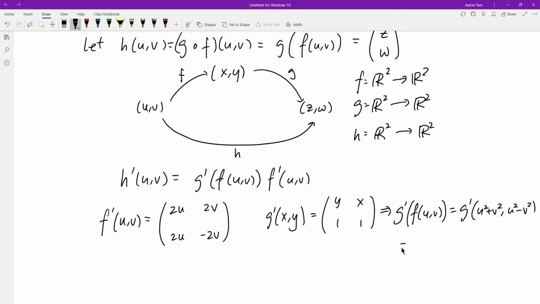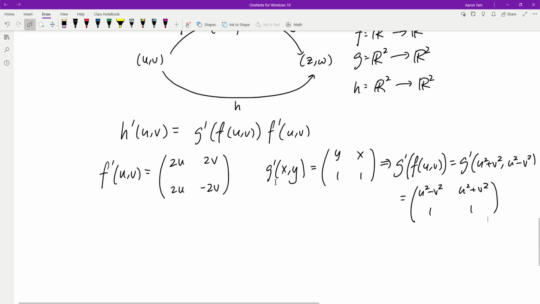So that becomes this matrix: u squared minus v squared, u squared plus v squared, 1, 1. I do need g prime to be expressed in uv, because h prime is only in terms of u and v, so it really shouldn't have an x or y in it.